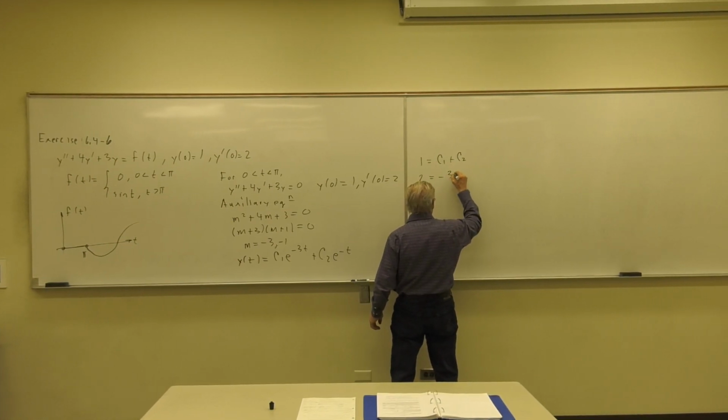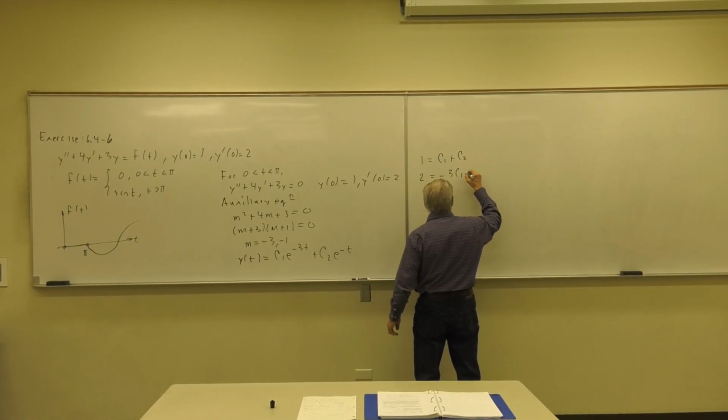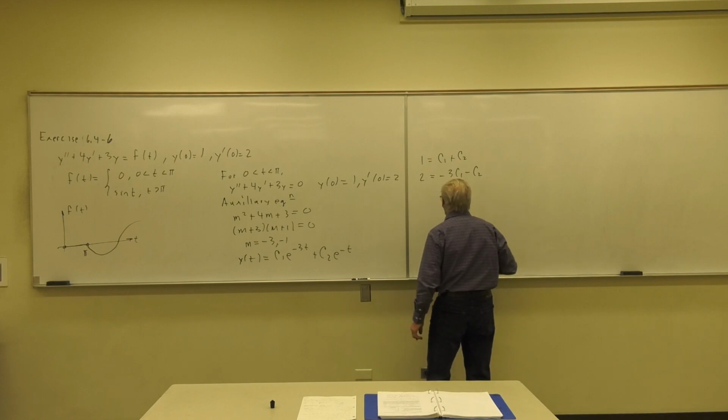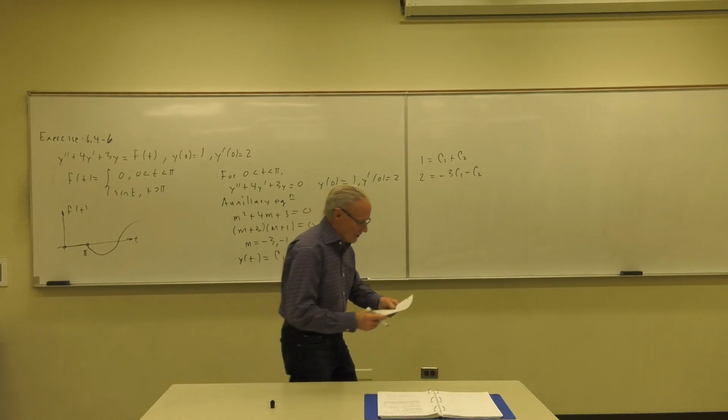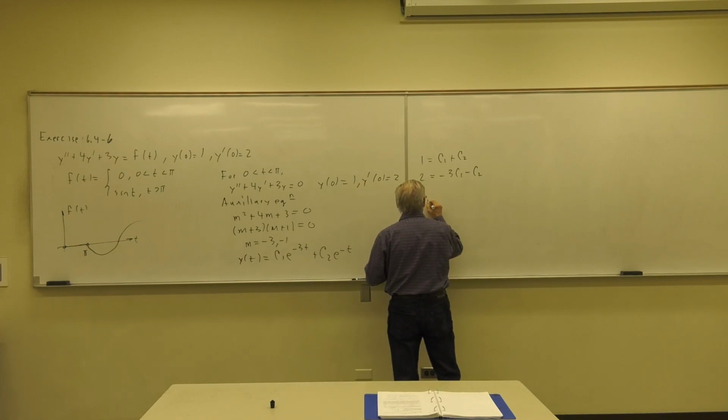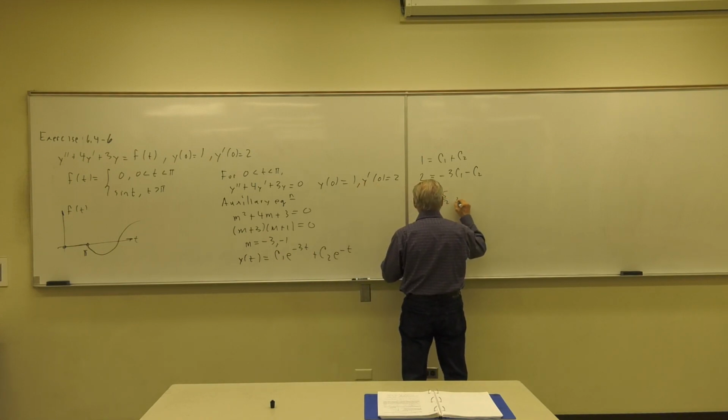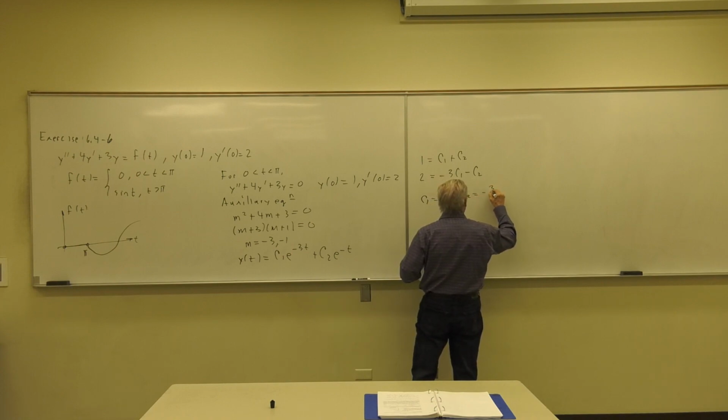So I get minus 3 c1, and then minus c2. And I solve these, and you get that c1 is equal to 5 halves, and c2 is equal to minus 3 halves.